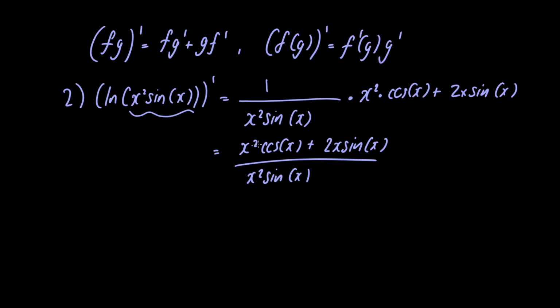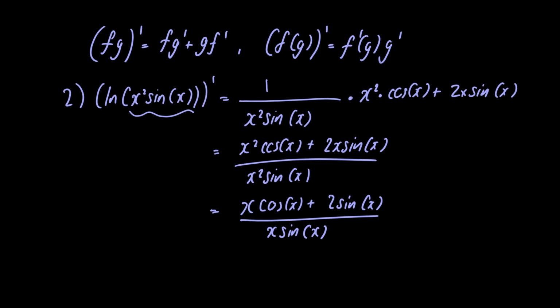Notice here we have an x squared here and an x here and an x squared here, so we can cancel one factor of x, and we're left with x times cosine of x plus 2 times sine of x, divided by x times sine of x. And that's the final answer to this problem.